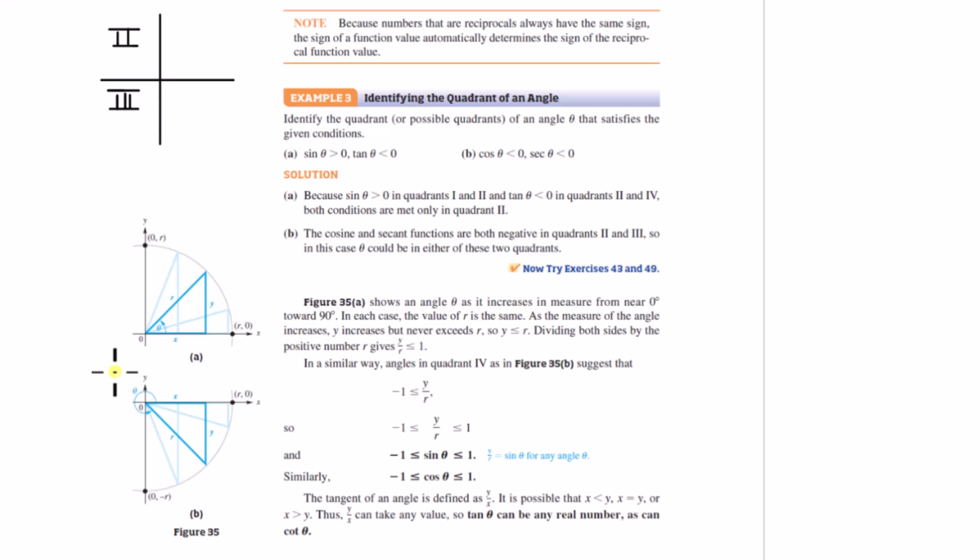You can never have a negative y that's a little bit bigger than the r value, or a negative x that's a little bit bigger than the r value. That never happens. The farthest it can go is that at certain quadrantal angles, a negative x or a negative y ends up being equal to the r value, so that's -1. And so the range of sine and cosine is -1 to 1, including -1 and 1. Like the closed interval from -1 to 1, that is the range of sine and cosine.